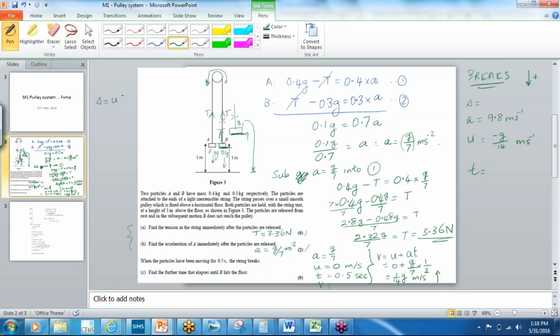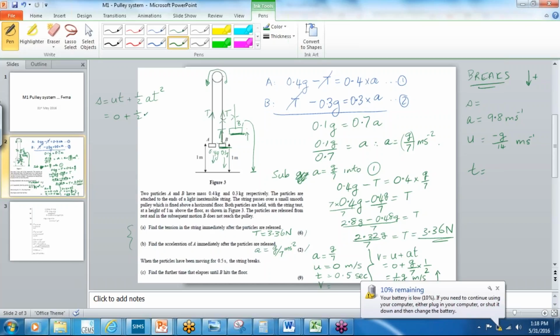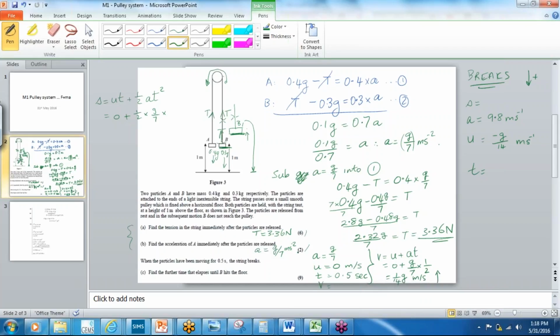S equals ut plus half at squared. So it starts out at 0. It then travels at half of g over 7 times half a second, 0.5 squared.